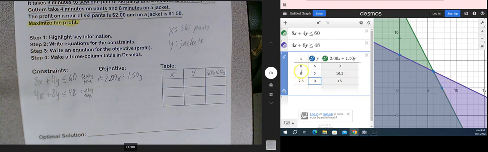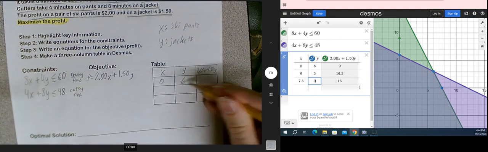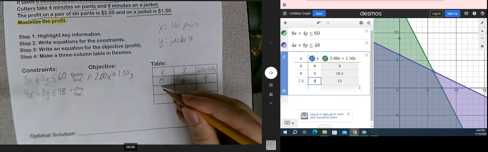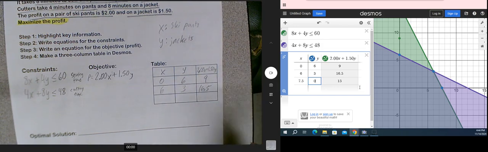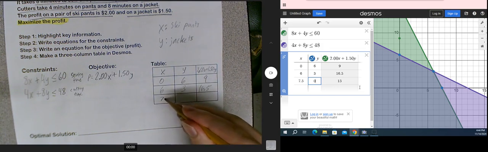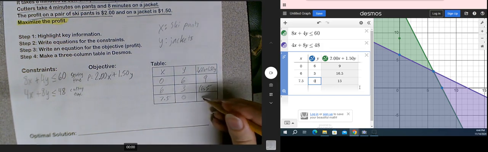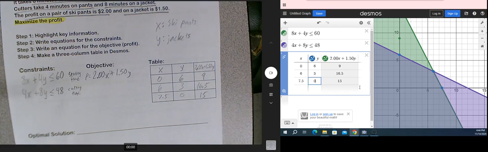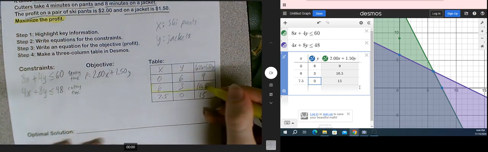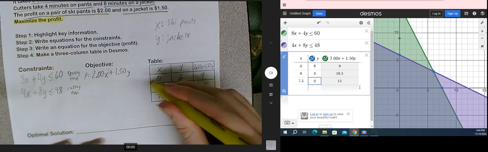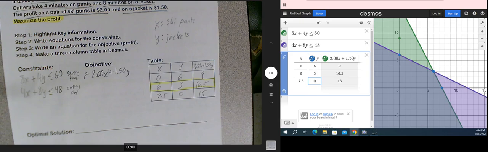And now we can figure out what our optimal solution is. So let's copy the table down. So which one gives the most amount of profit? Well, it's the one with the biggest number in the third column, which is this one. It makes $16.50, whereas the others don't make that much.